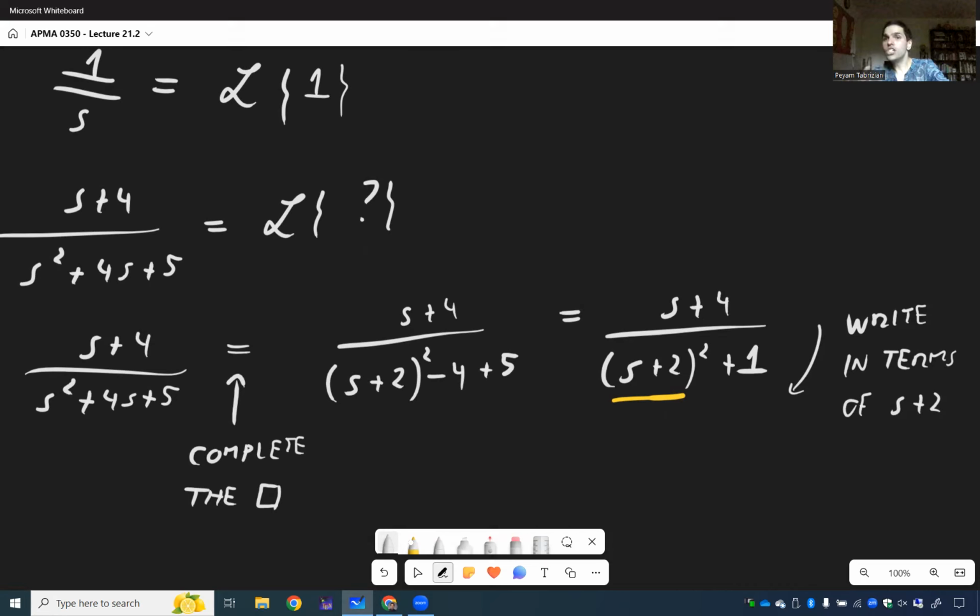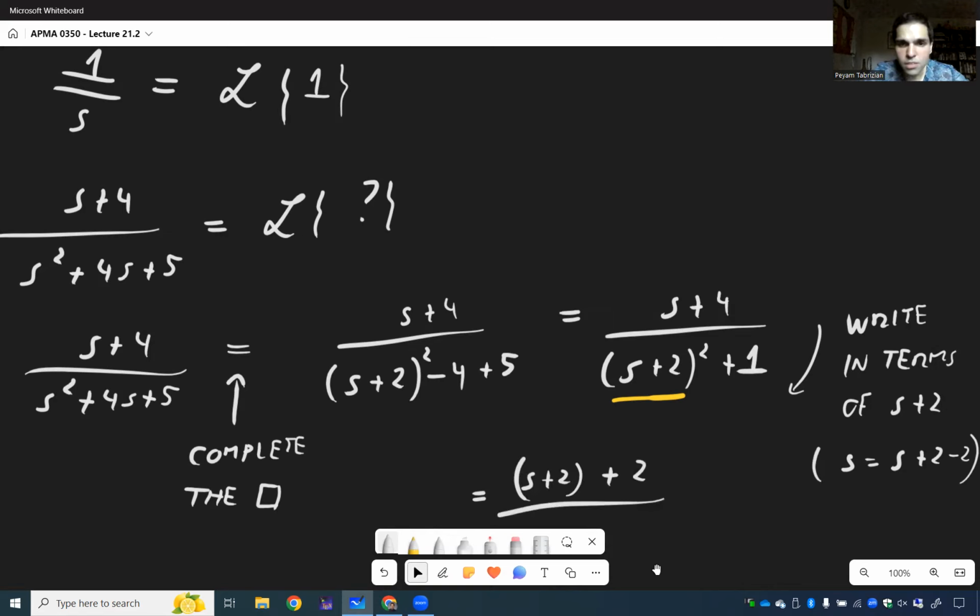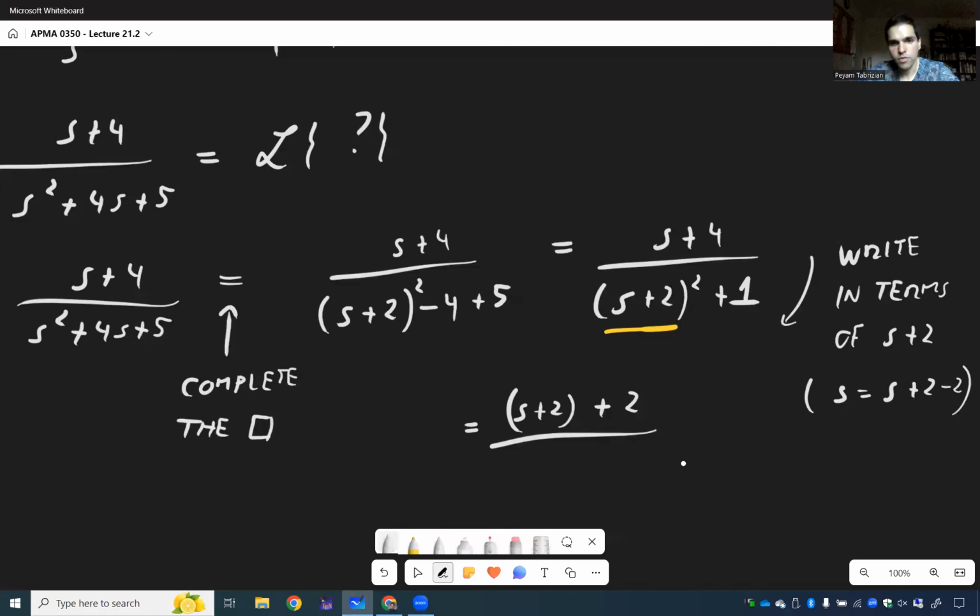But in general, what you would use is s plus 2 minus 2, so it would be s plus 2 minus 2 plus 4. So indeed, s plus 2 plus 2 over s plus 2 squared plus 1.